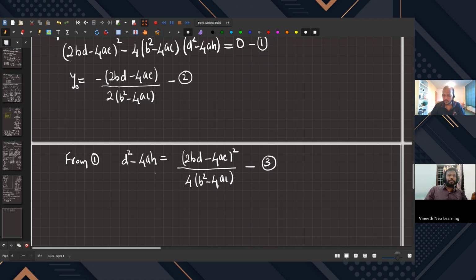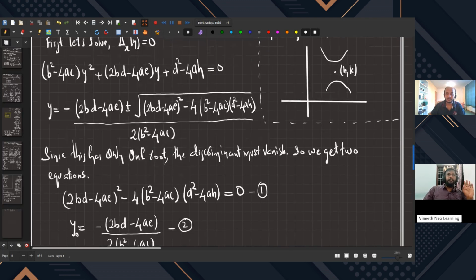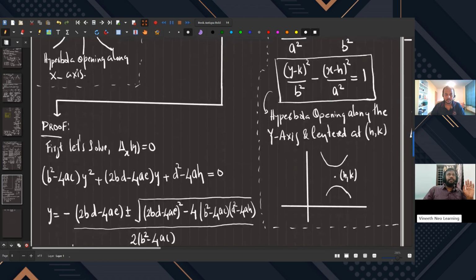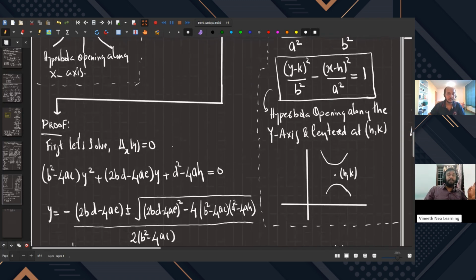Let's recap what we have done here. We first took the equation of the discriminant of our second degree quadratic equation, delta x of y, and made it equal to 0, since we know that it becomes 0 at y naught.